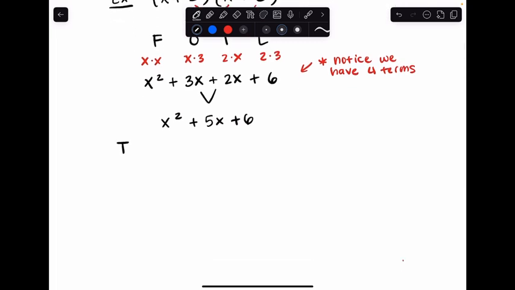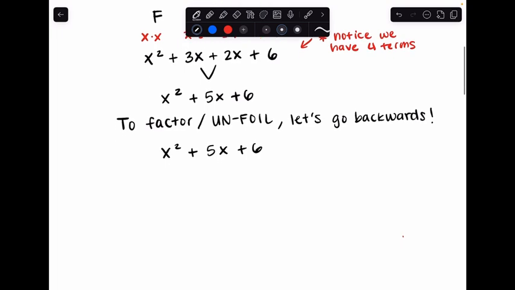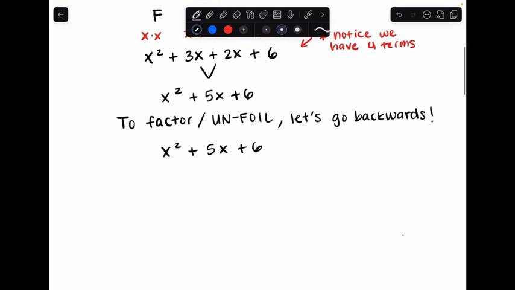To factor or unfoil, let's go backwards. I'm going to take that trinomial that we just FOILed out, x squared plus 5x plus 6, and I'm going to factor it or unfoil it.